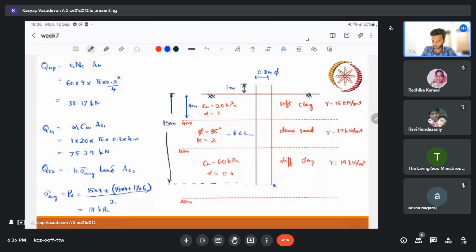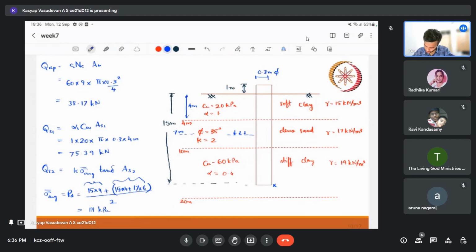Since it is linear, I can just check the overburden pressure at the 7 meter mark. Having said that, we can continue.